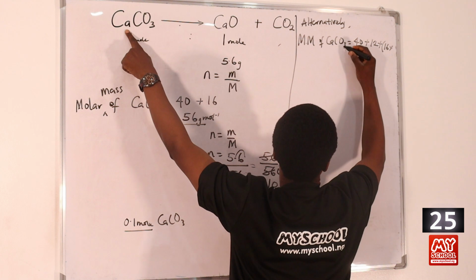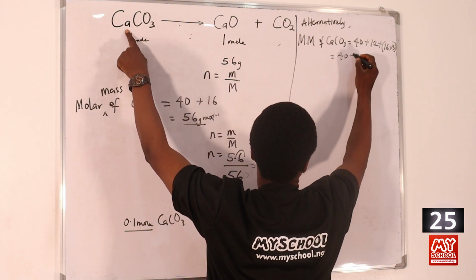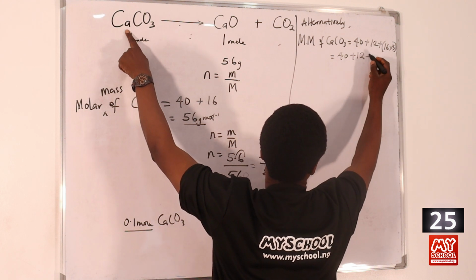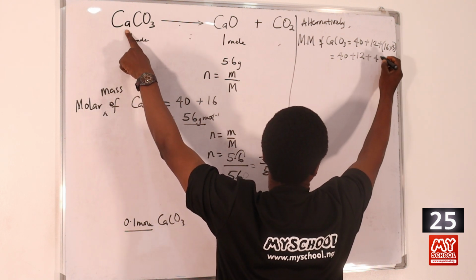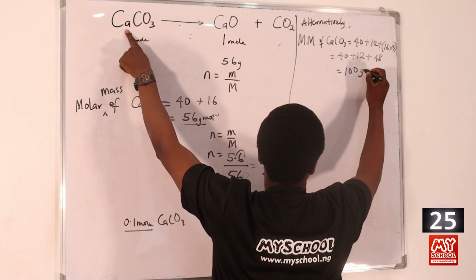We have 3 moles of that. So 40 plus 12 is 52, and 52 plus 16 times 3, that is 48, gives us 100.